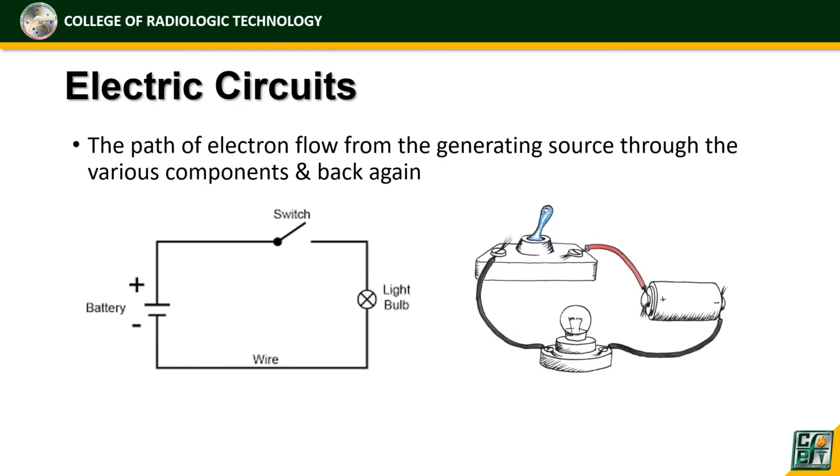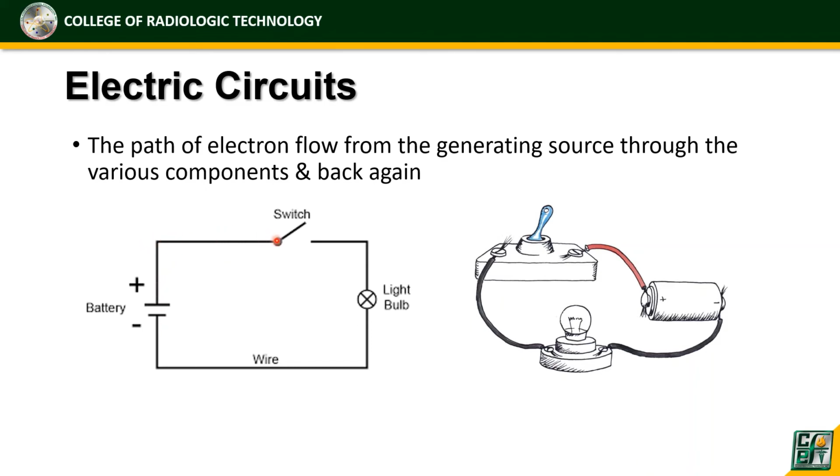Okay, so yan, kung makikita natin, so alin ba ang generating source? So the generating source is the battery. So this is an example of a basic circuit. Okay? Ito ay illustration, ito ay schematic diagram. So this is the electrical path.